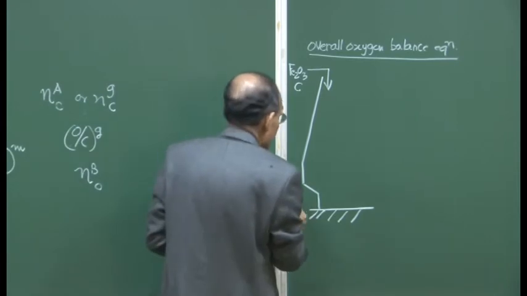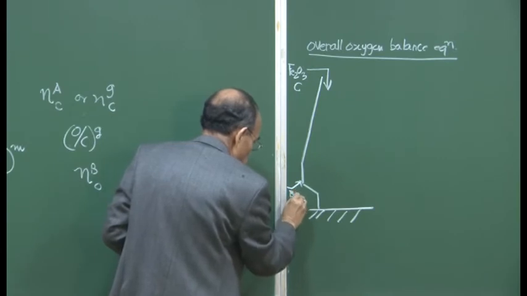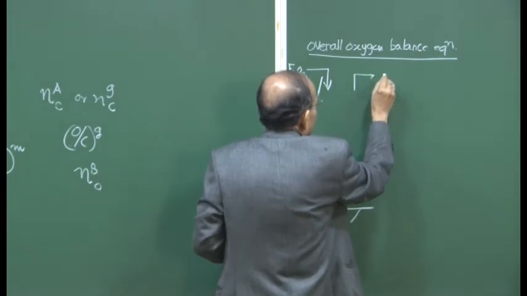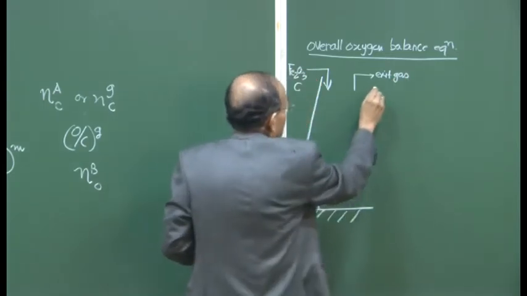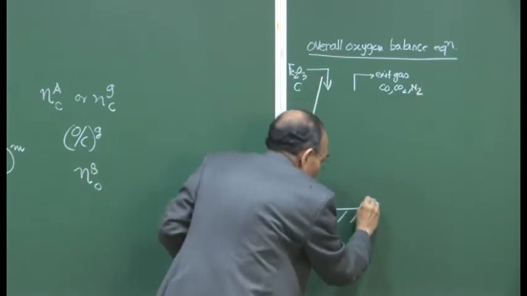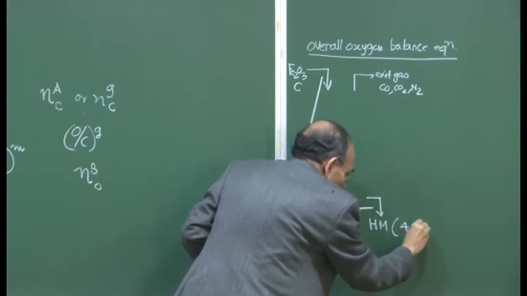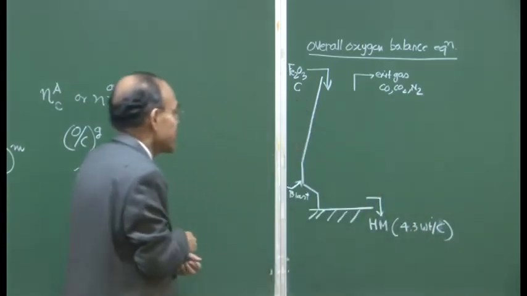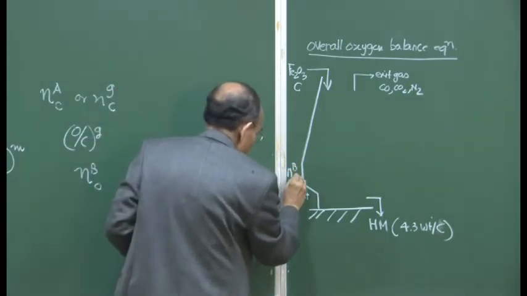Then we have blast here, and we have exit gas here, which contains CO, CO2, and nitrogen. We have hot metal here, which contains only 4.3 weight percentage carbon. That is the scenario we are talking about, and the rate of input here is NBO.